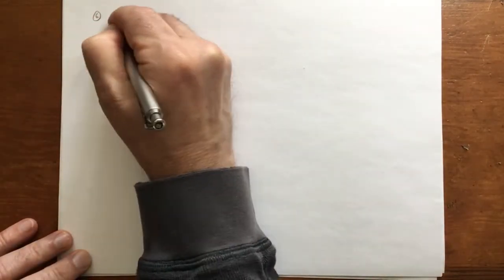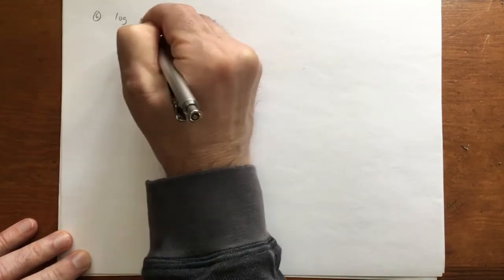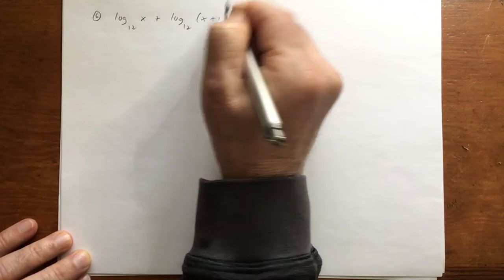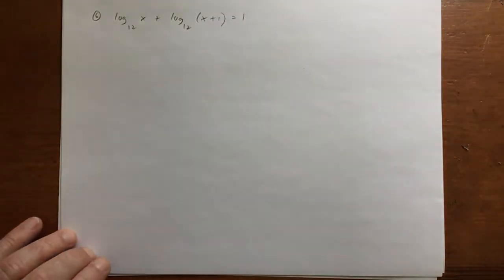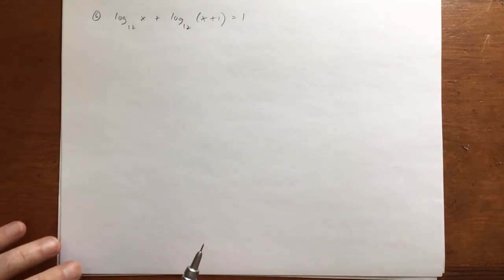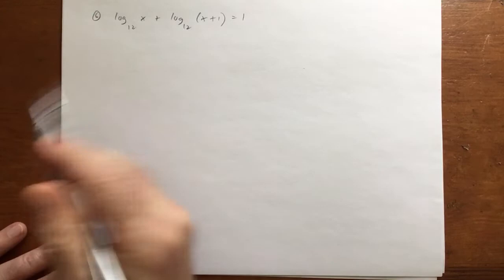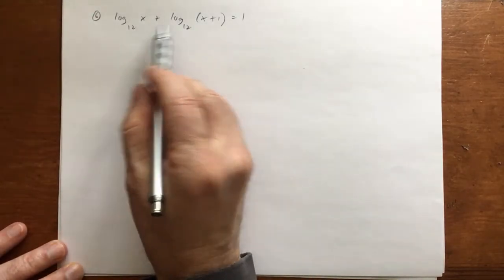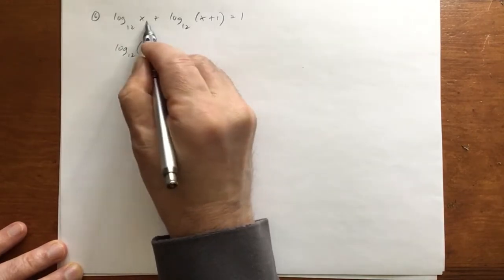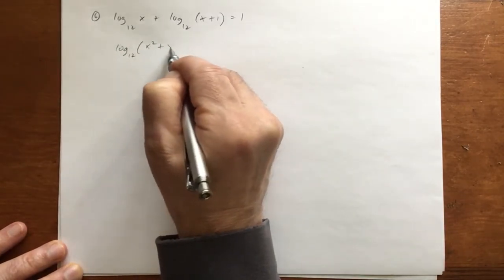Let's try one more problem here, and I'll give you your homework. This is problem 6. Okay, so you go ahead and pause the video. You try it, and come back and you can watch my solution. All right, so what we did in the last one is we wrote these as one logarithm by multiplying. And when I multiply, I'm going to distribute.